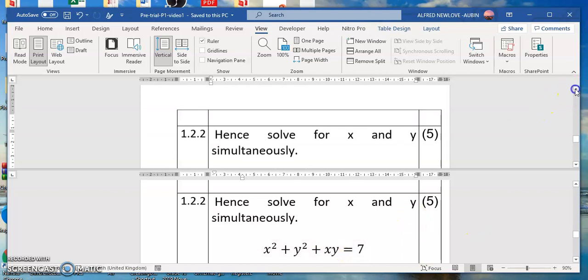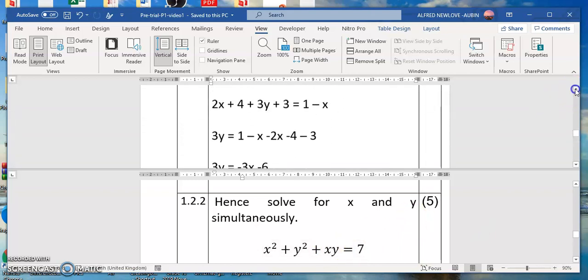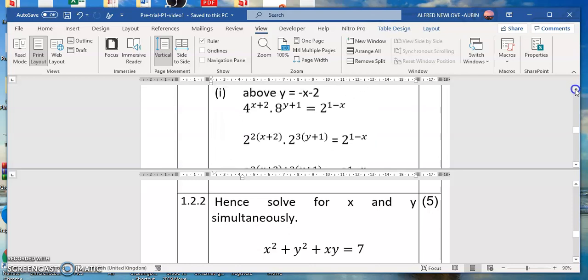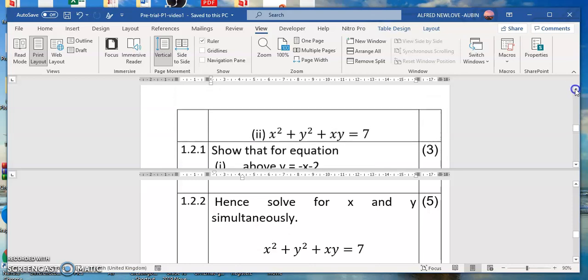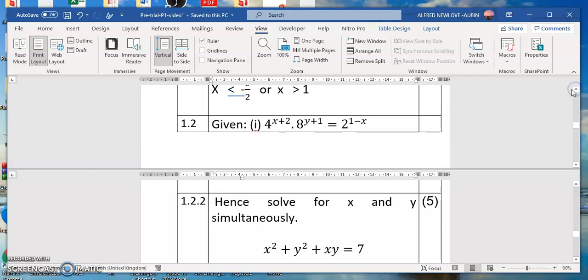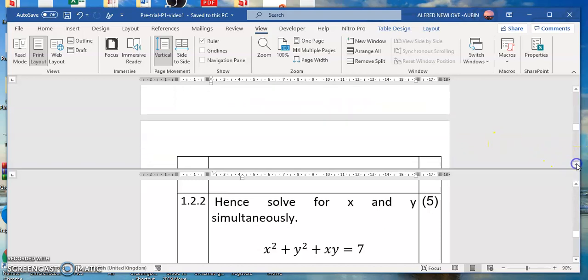Let me show you those 2 equations for the sake of those who did not watch the first. Okay, this was the first equation, which we changed to y is equal to minus x minus 2. And this is the second equation.